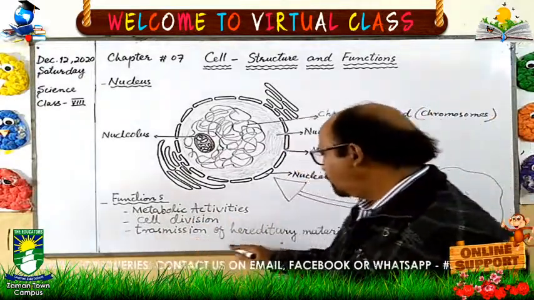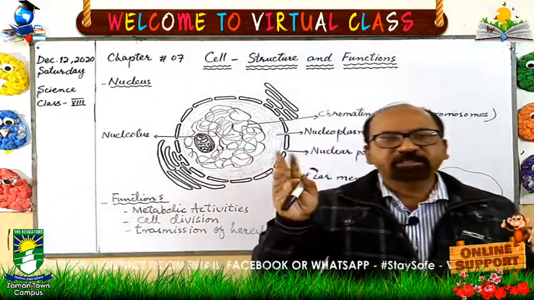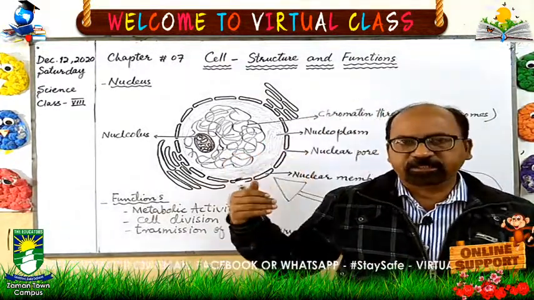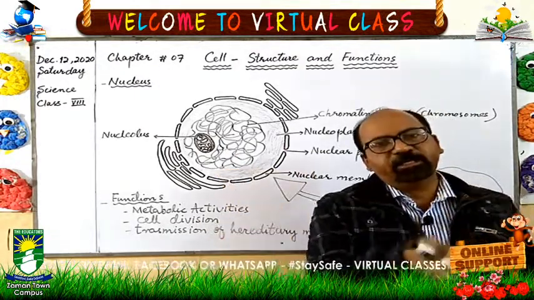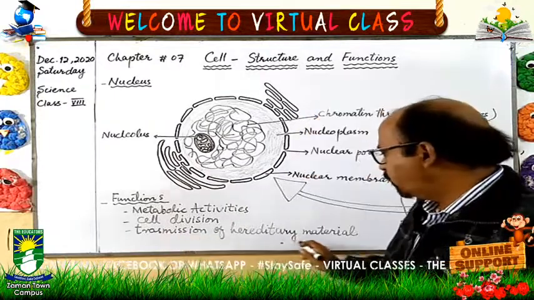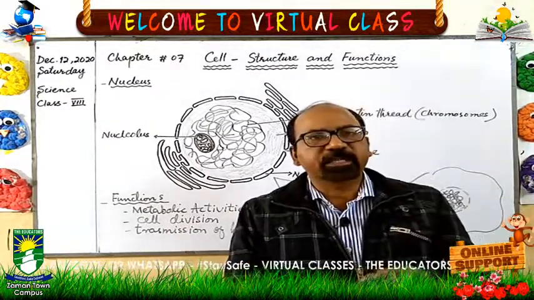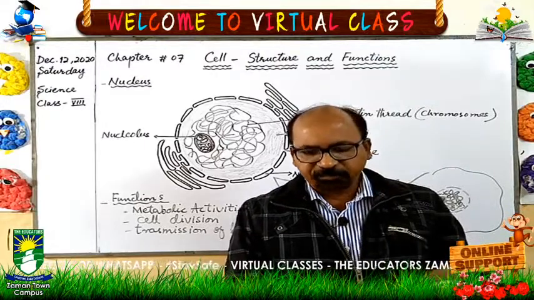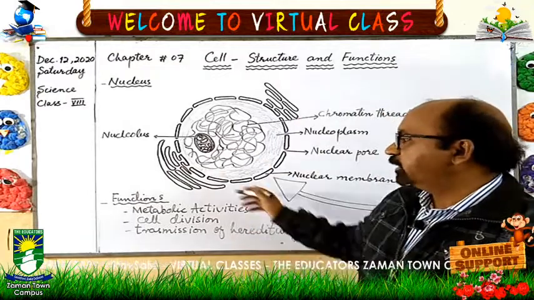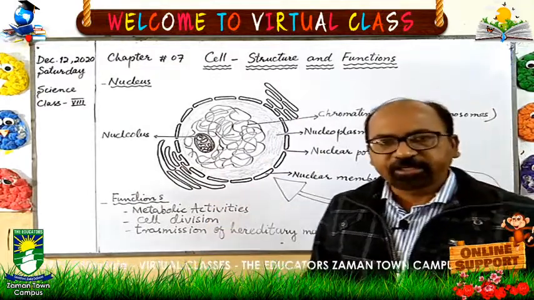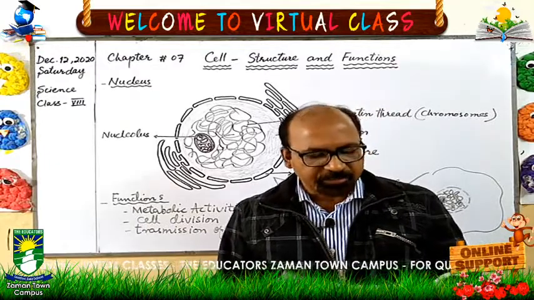So transmission of hereditary material means all the characteristics which are present may appear in the next generation. This is called hereditary material, and this is also called genetics. So the nucleus is responsible for all these three functions in the cell.